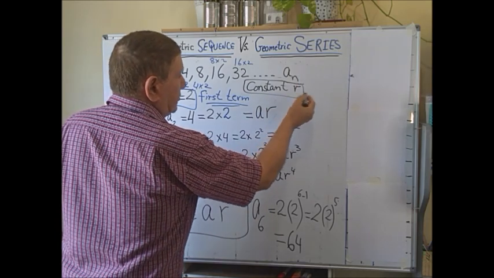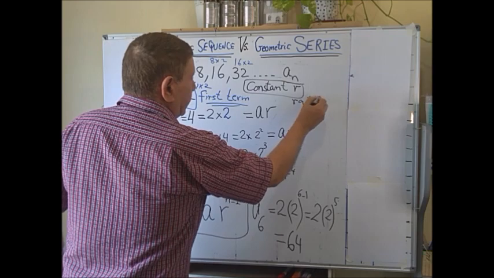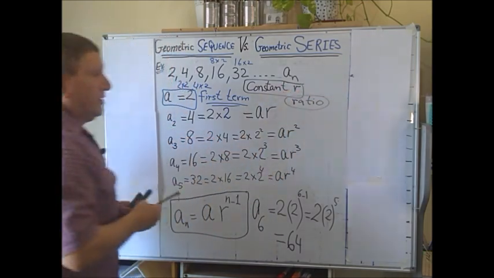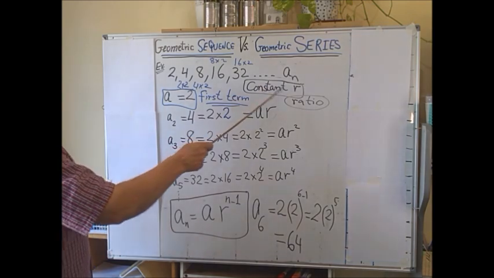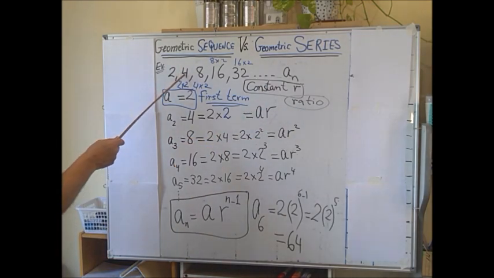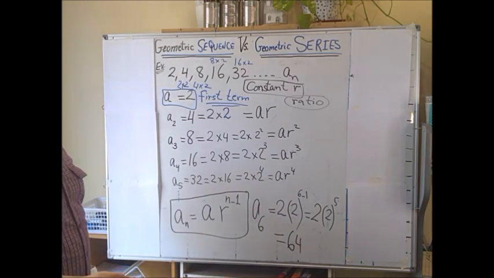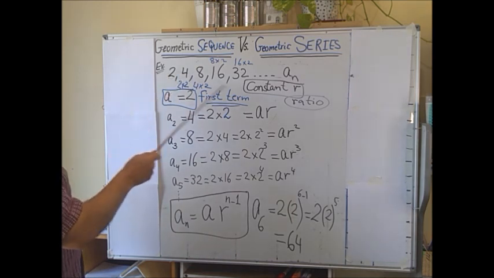Sometimes they call it constant ratio. Maybe that's the reason why we are using R. In textbooks they use R for constant ratio. Why is it ratio? Because if you divide any number by the previous number, you get the same value. See, 4 over 2 is 2.